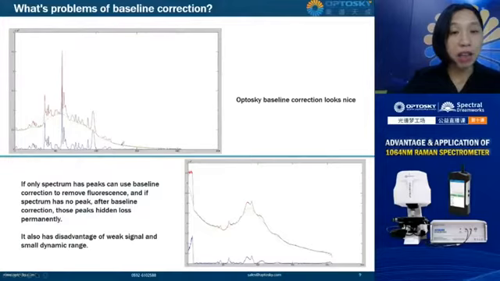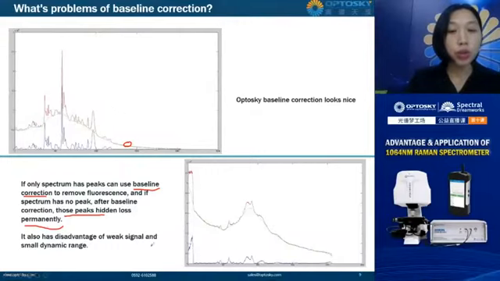However, if these areas have peaks but are interfered by the fluorescence background, after baseline correction, these peaks are lost permanently. It cannot show any peaks at all. So this is the peak loss disadvantage of baseline correction.